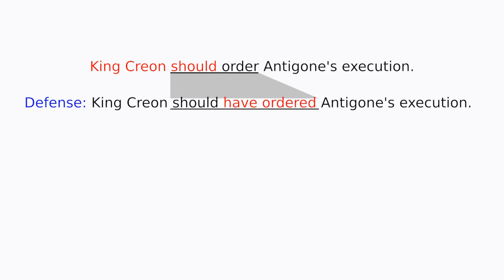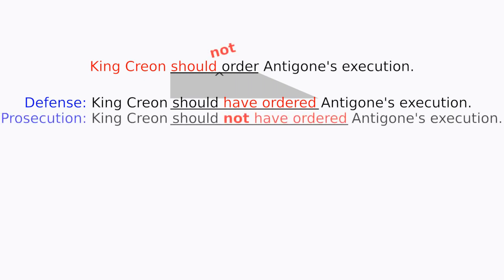By contrast, a student might want to take the prosecutor's position and argue that indeed King Creon should not have ordered Antigone's execution. And this one is called a friendly evaluation, as opposed to the hostile evaluation.